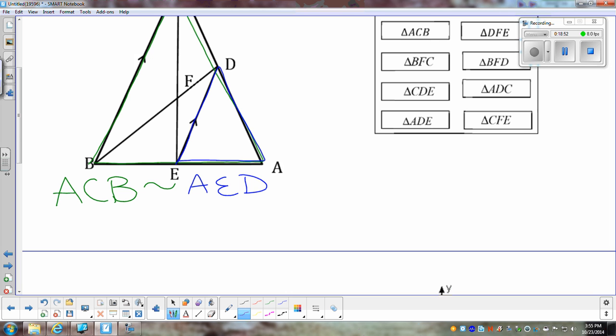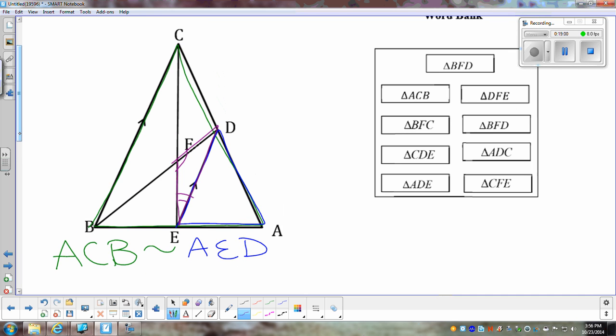Then I also know, using some verticals, this angle is congruent and this one here is congruent to this one here. So the other one I know is that BFC is similar to DFE.